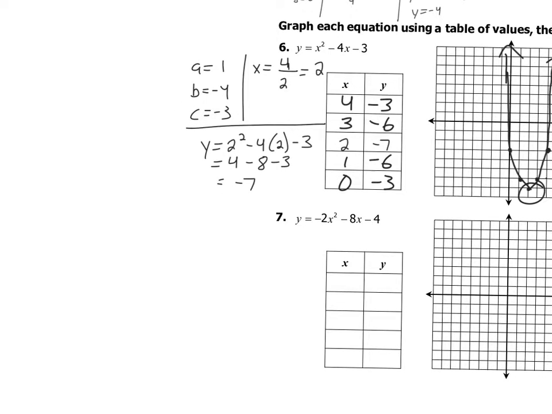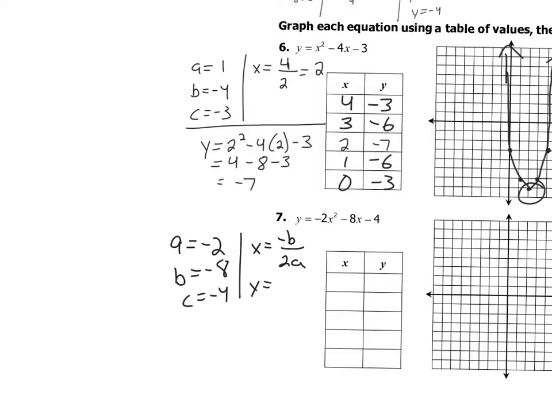Number 7. So first you need to identify the axis of symmetry. So A for number 7 is going to be negative 2. B is going to be negative 8. C is going to be negative 4. So for your axis of symmetry, remember your formula is x equals negative b over 2a.